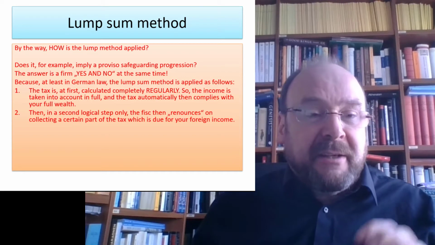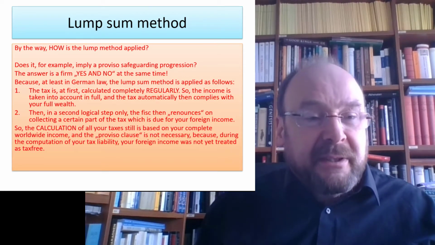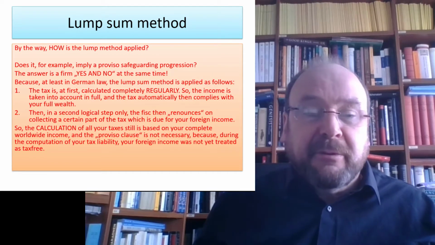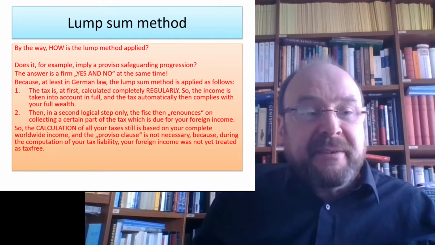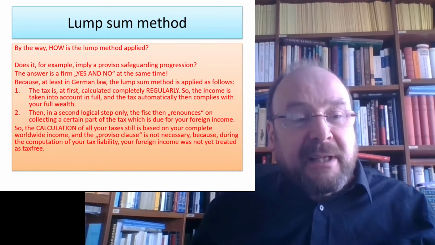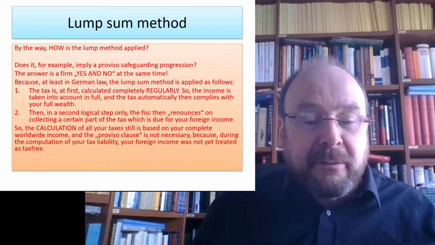And that is why you have this sequence of steps, and that is why you do not need to bother about proviso or not. There is no need for a proviso because the lump sum method does not work with tax-free income. It's just after you calculated the tax that you renounce collecting the complete amount.